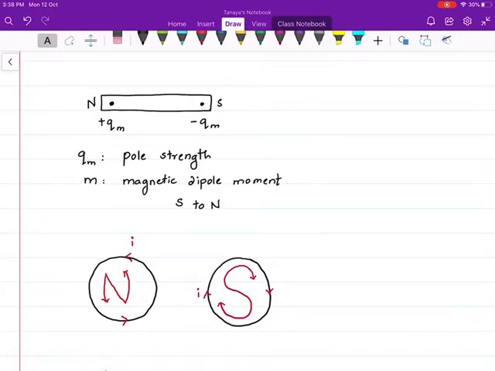What is magnetic dipole moment? Magnetic dipole moment is similar to the electric dipole moment. In electrostatics, you had seen that electric dipole moment is always pointing from negative charge to positive charge. In the same way, magnetic dipole moment points from south pole of the magnet to the north pole of the magnet.